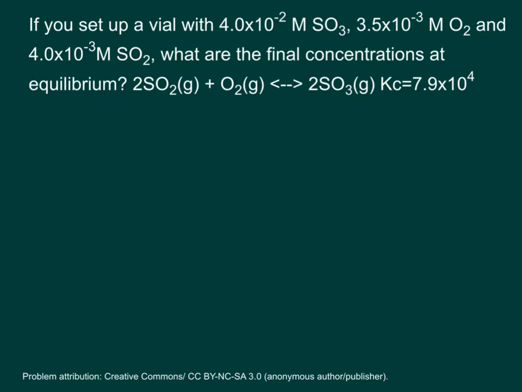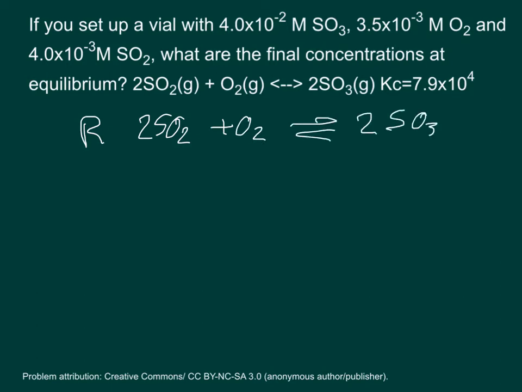So the first thing I need to do is look at the reaction. For a RICE chart we're just going to look at the reaction. So we have 2SO2 plus O2, going inversely to 2SO3. Okay, those are all gases. Now, the I stands for the initial, so the initial concentrations of each, and we're given that.